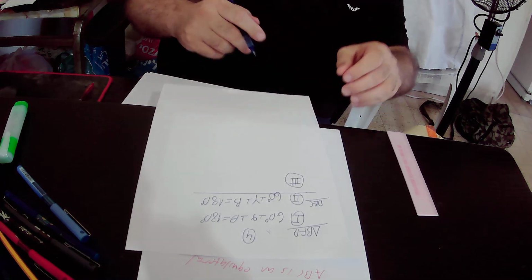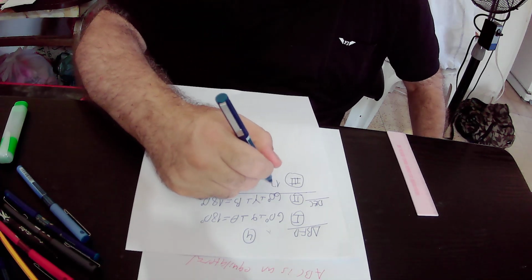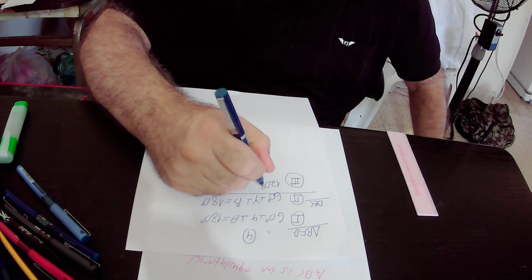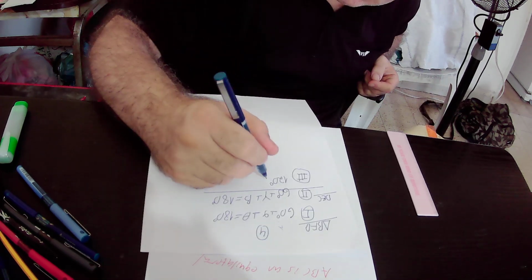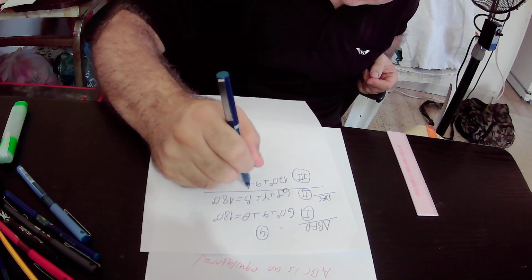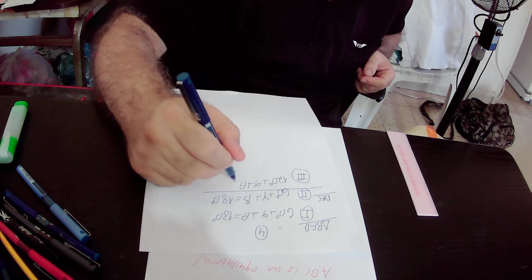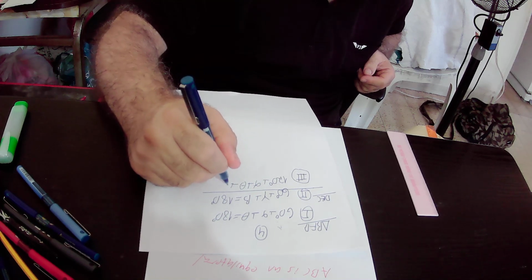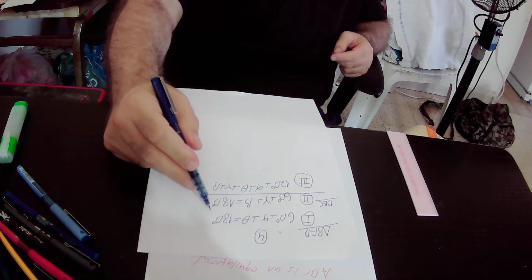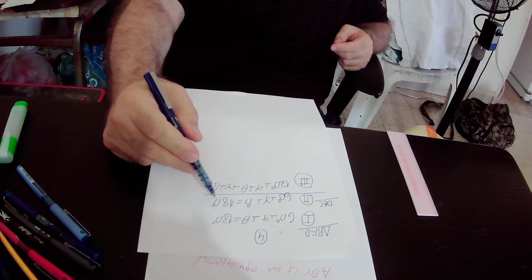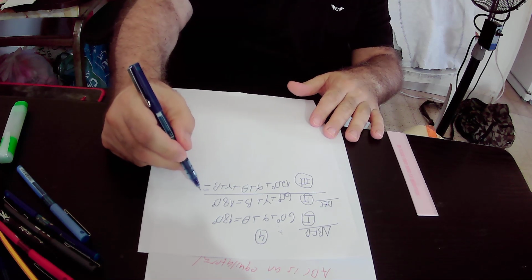So 60 degrees plus 60 degrees, plus alpha plus theta plus gamma plus beta, all equals 180 degrees plus 180 degrees, which equals 360 degrees.